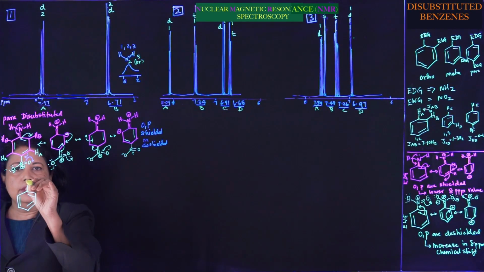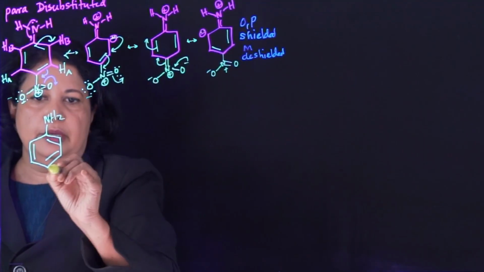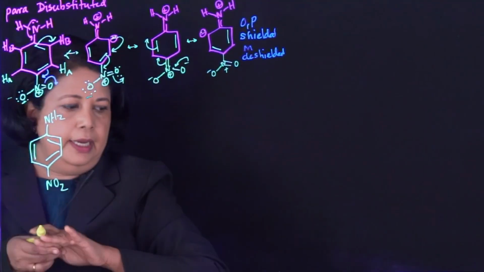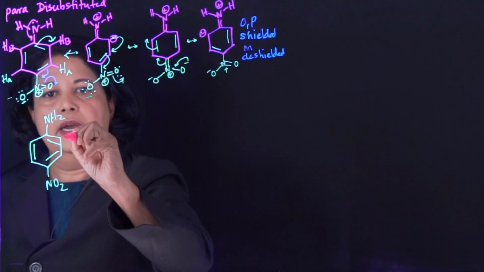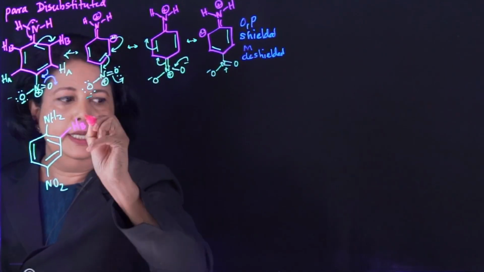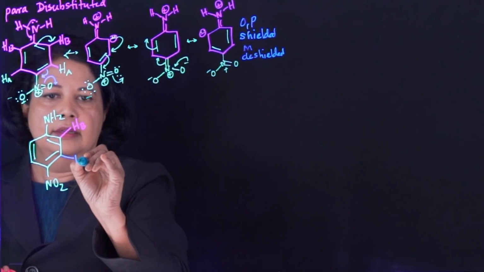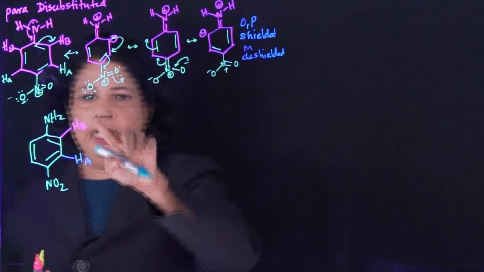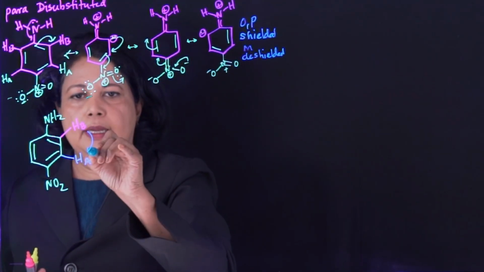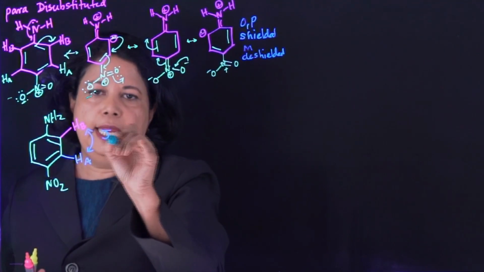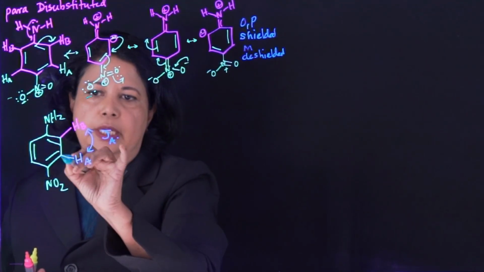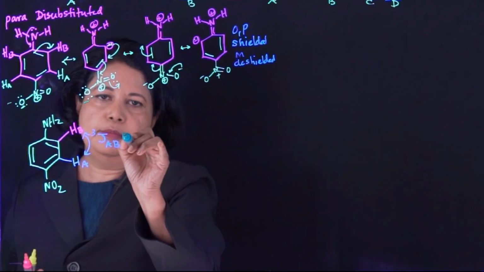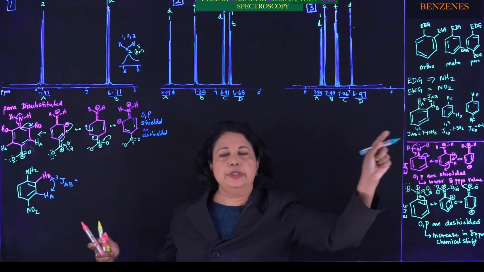Let's say you have an electron withdrawing group. I'm just going to put NH2 and NO2 now. And you have 2 hydrogens here, HB and HA. Now HA and HB will couple and you would get a JAB. This is a 3-bond coupling, JAB, about 7 to 10.